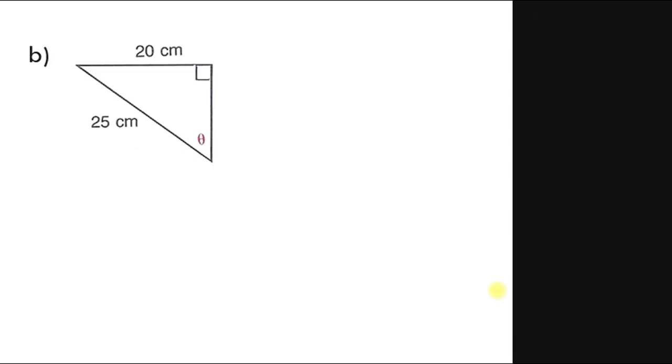Question 2b, we're shown the reference angle. We'll bring in our labels. And we're given the opposite and the hypotenuse. So the trig ratio that deals with opposites and hypotenuse is the sine. So we can say that the sine of theta equals opposite over hypotenuse. And for this particular triangle, the sine of theta equals 20 over 25.